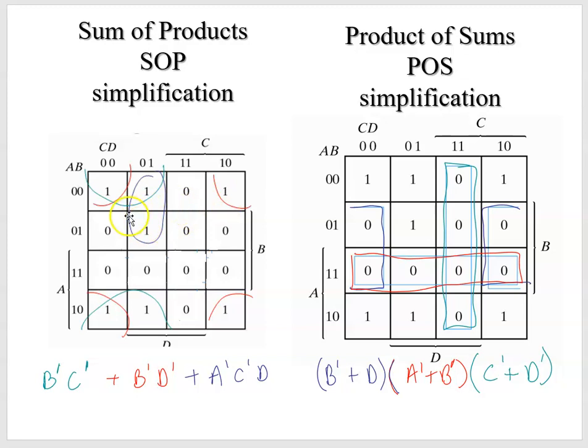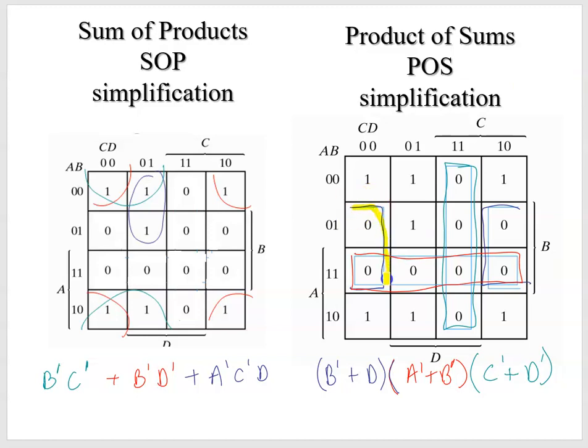And at the left, we've simplified it using sum of products. On the right, we've simplified it using product of sums. So on the left, we've encircled adjacent ones using our essential prime implicants. And on the right, we've encircled the zeros for product of sums and created these max terms. So again, the big difference is we've encircled the zeros.